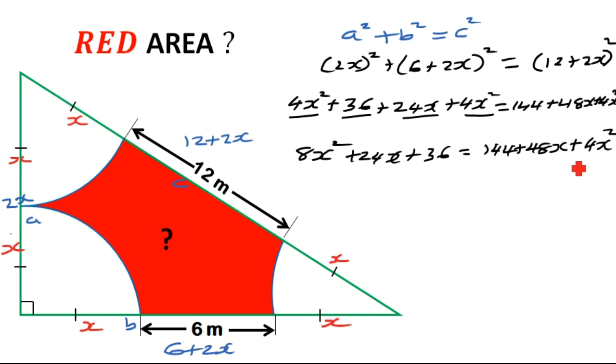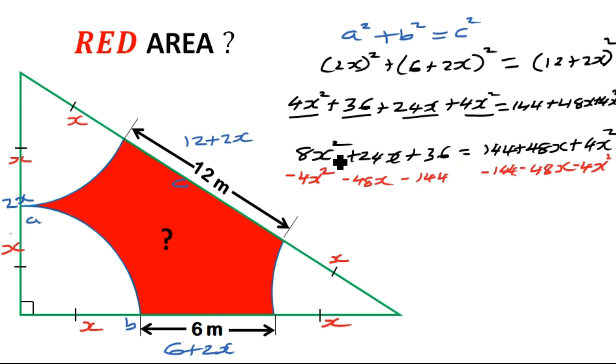So you see here plus 4x squared, if you subtract 4x squared on either side of the equation, then again plus 48x, meaning we subtract 48x on either side of the equation, then again we subtract 144 on either side of the equation.